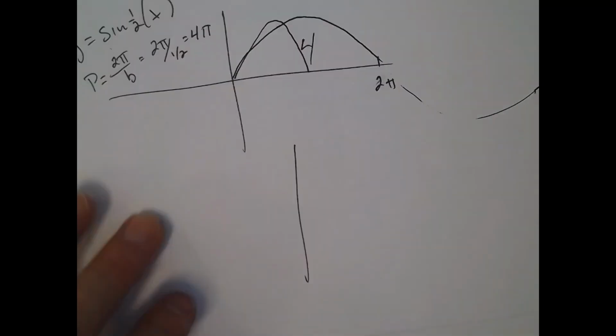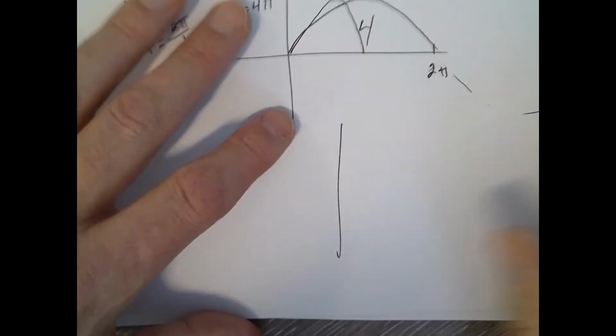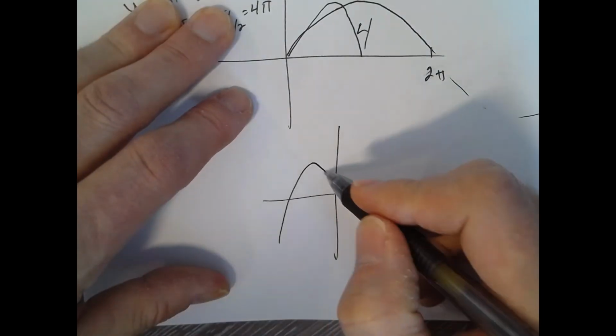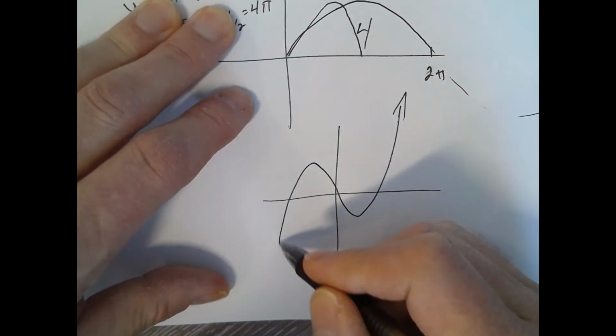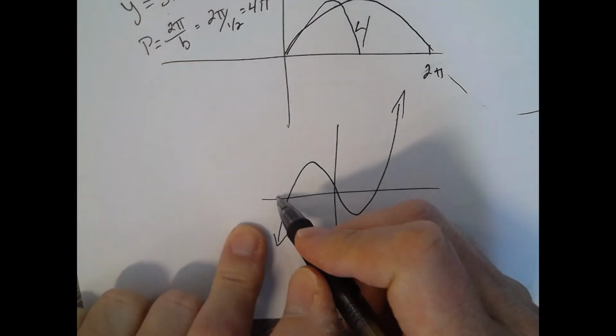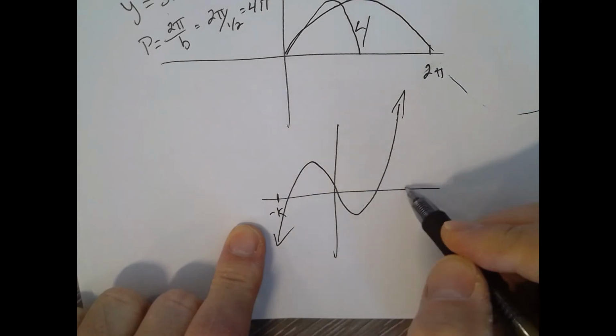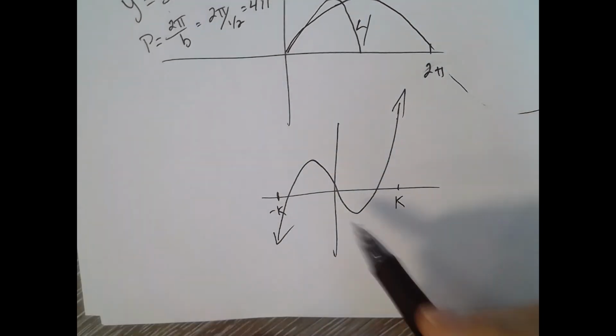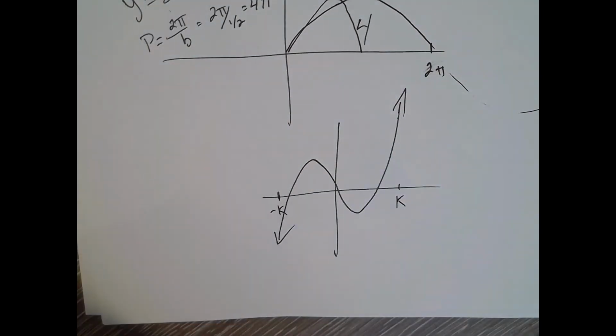So if I had a cubic that's odd, like this, as long as we're going from negative k to positive k, you're always going to have the same amount of area above and below, so it'll always be 0. Questions on that?